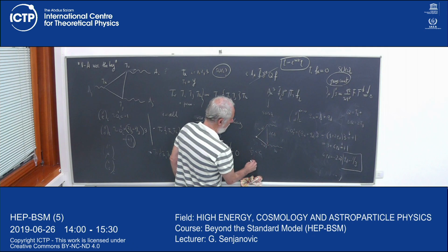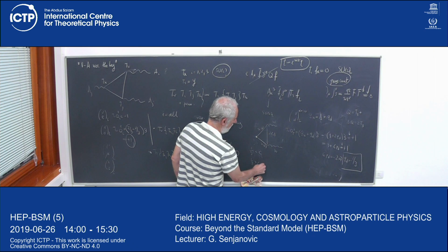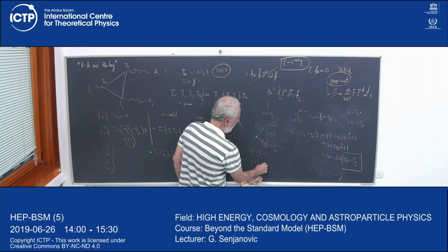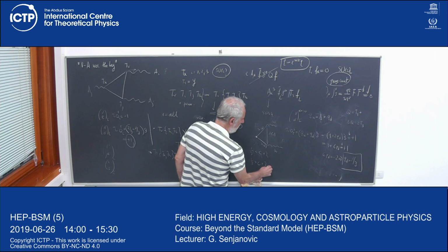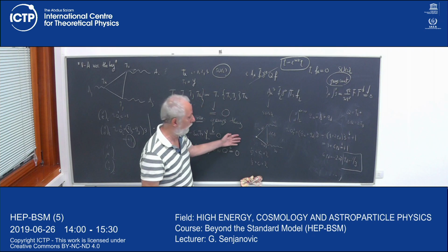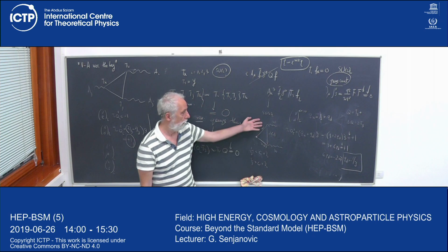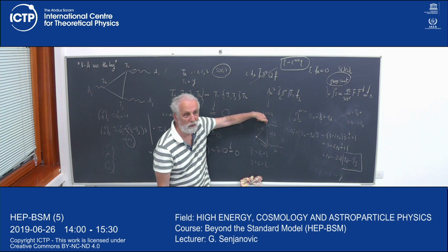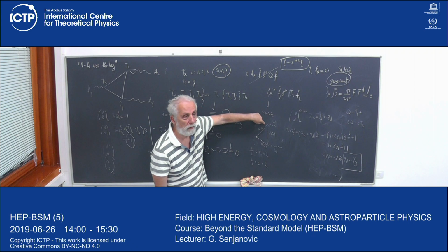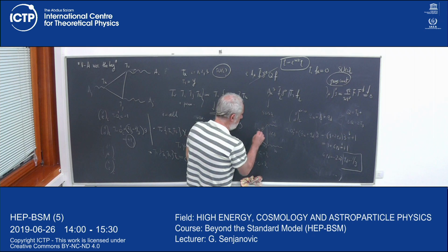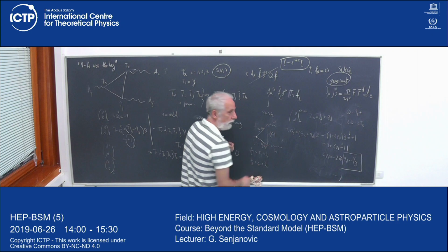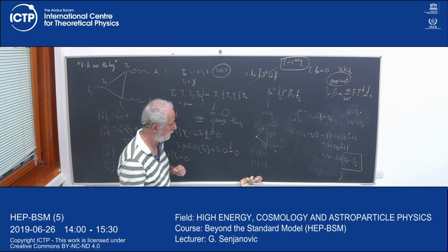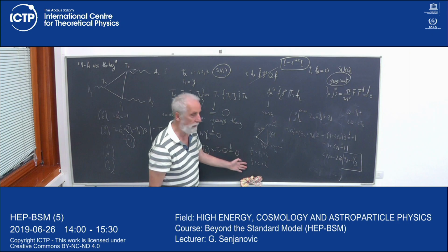I will get 1/3 times C. I forgot to say there are 3 colors, so let's put these 3 colors. This is the contribution of the W diagrams. There is an SU(2), I cannot put gluons here, I won't get an anomaly because there is no gamma 5. Here there is manifestly gamma 5, only the left-handed guy is here. Notice I have a gamma 5 interaction. So baryon number has an anomaly.